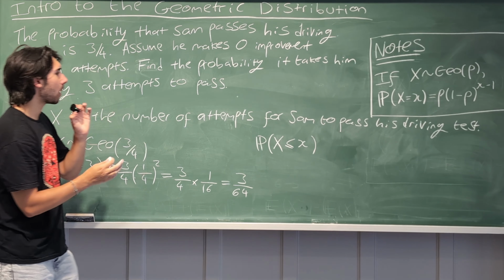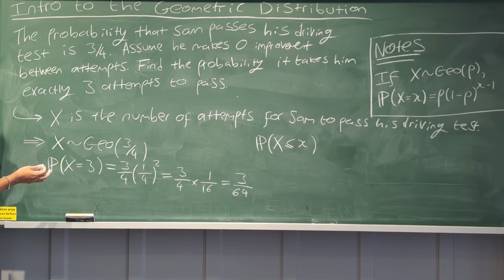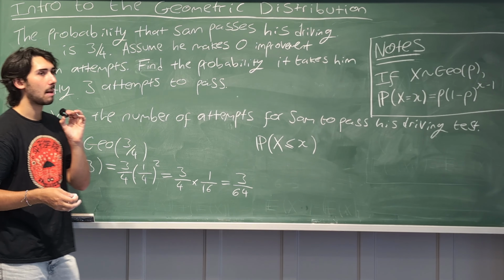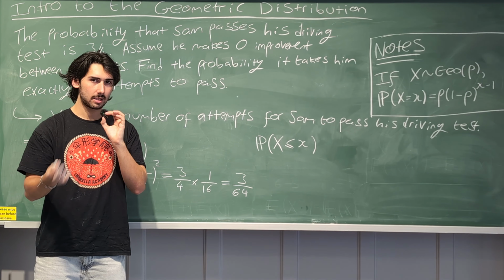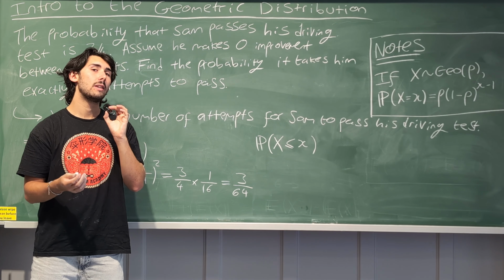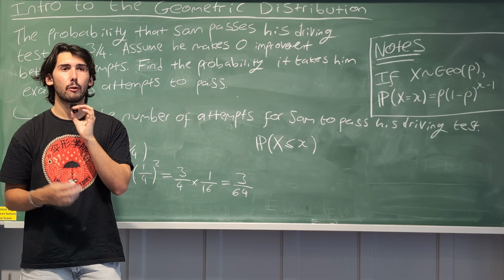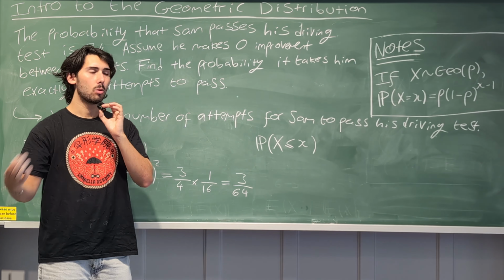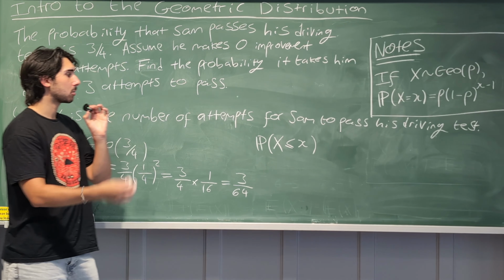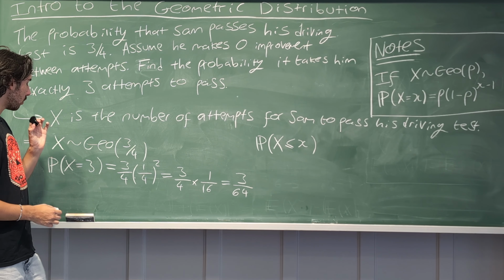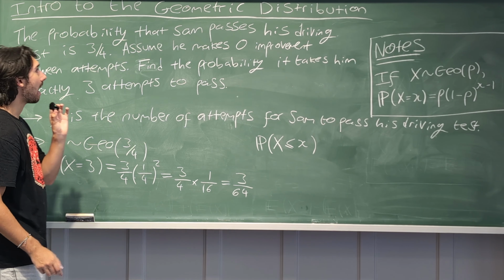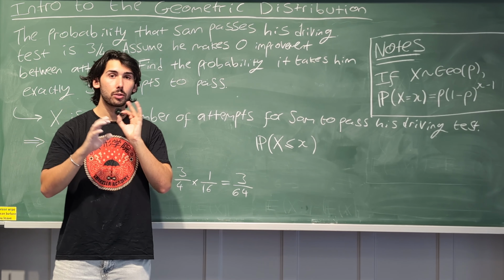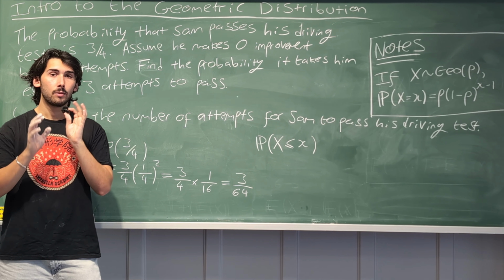So imagine that the question was something like, find the probability that it takes Sam less than 4 attempts to pass his test, or even the probability that it takes him 5 or more attempts to pass his test, and stuff like that. We'll look at mathematical algebraic expressions for all of this stuff, but we'll do that all in good time. For now, as an introduction to what the geometric distribution actually is, that's what I've got for you.